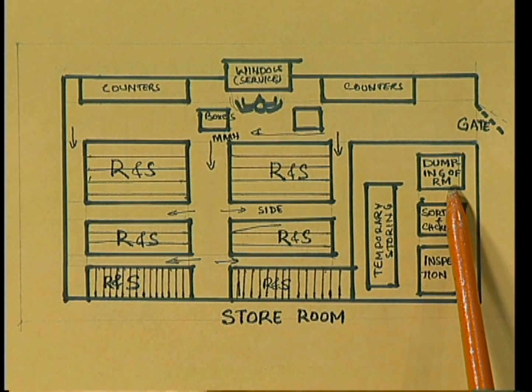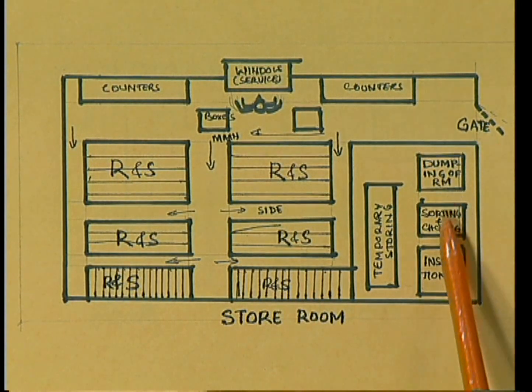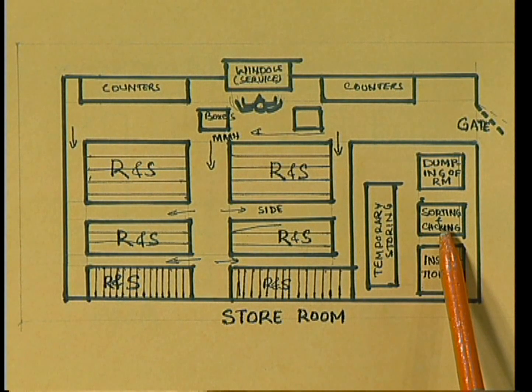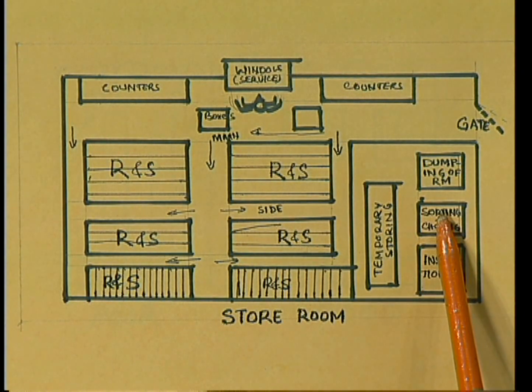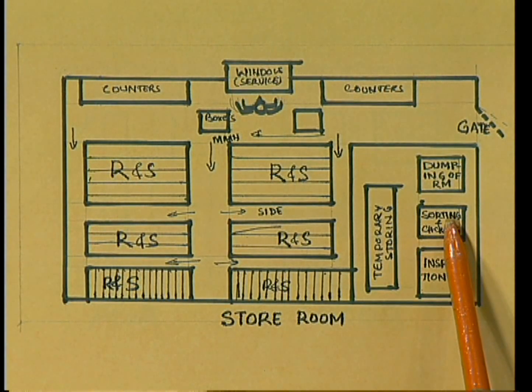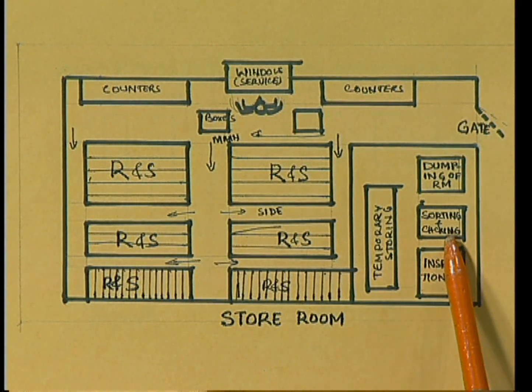This is the space provided for dumping raw material, and then they will be sorted and checked. What different types of materials have come? In that case we have to check what types of materials are there. Different types of materials are put in places here, sorting by sorting, and then we have to check whether they are the same components or not.